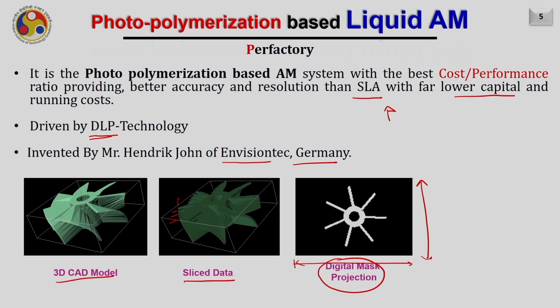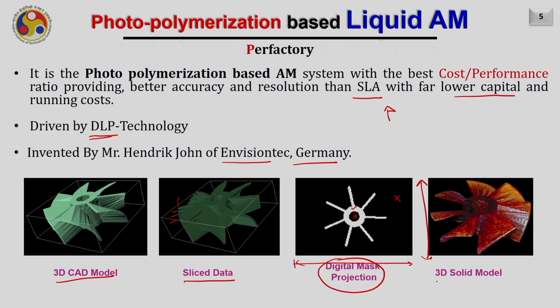Only the mirrors in the region where there is material deflect the light, and where there is no material, the mirror is not allowing it, which means it has created a mask. After creating the digital mask for each layer, we can pass the light through each and every slice and build the object. Finally, of course, your solid model will be ready.